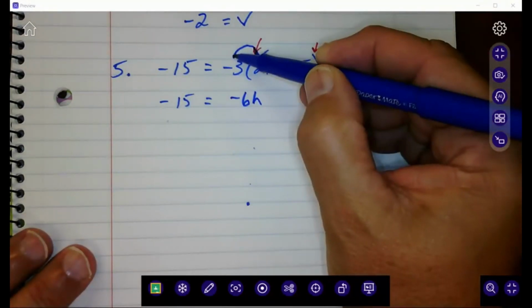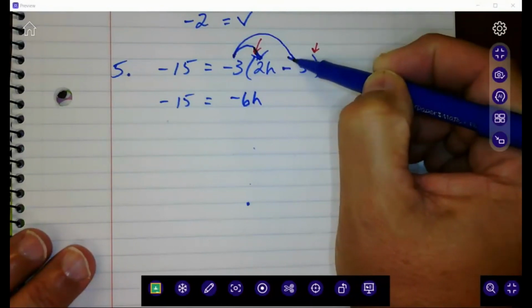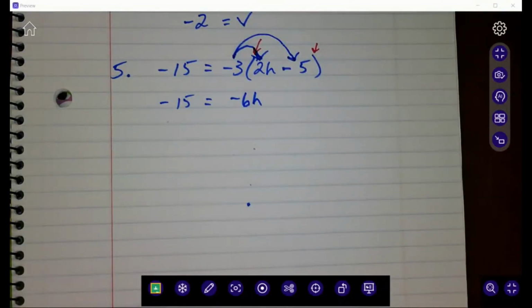Now we need to distribute the -3 over the -5. Be careful. Distribute -3 over -5. So what do we get when we distribute -3 over a -5?